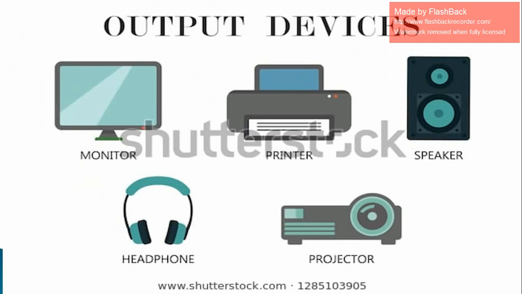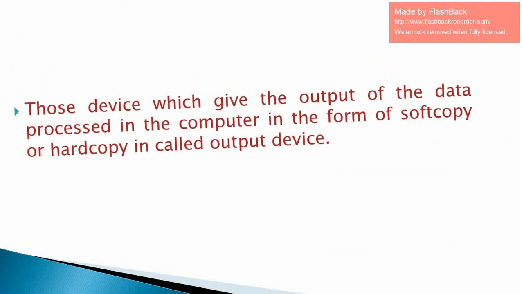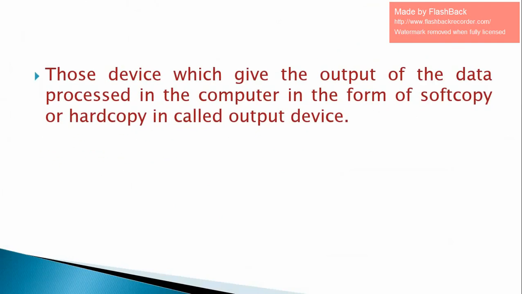Output devices are of different types, like monitor, printer, speakers. Those devices which give the output of the data processed in the computer in the form of soft copy or hard copy are called output devices.